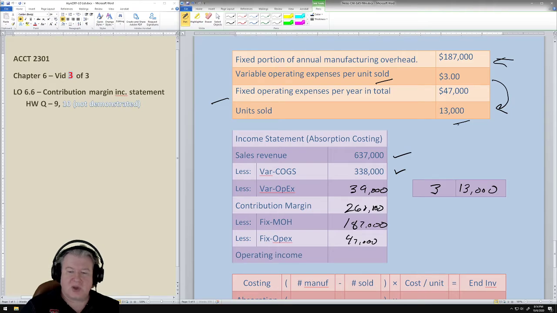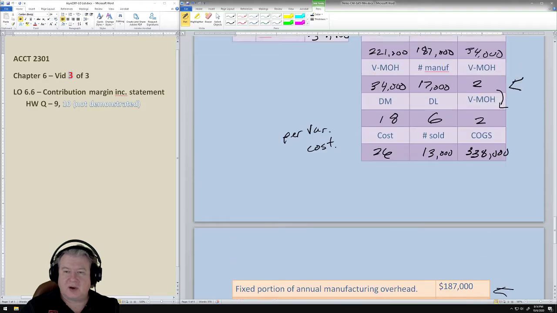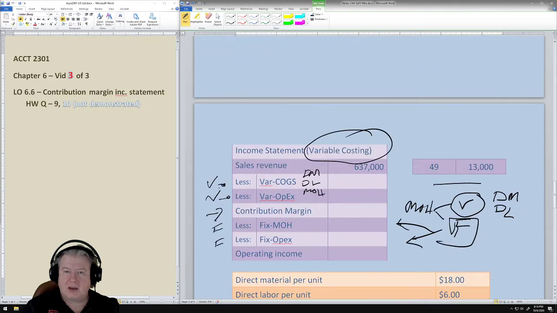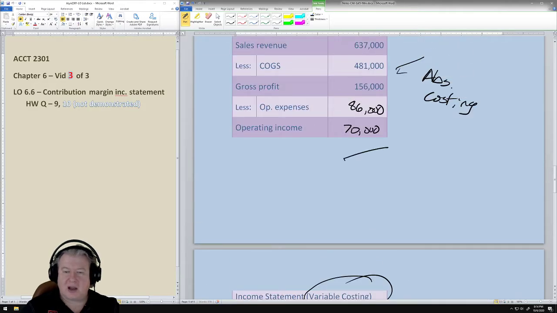And that, once we figure that all out, comes to 26. Now just be aware, this operating income looks a little different than this operating income. This operating income said 70,000.